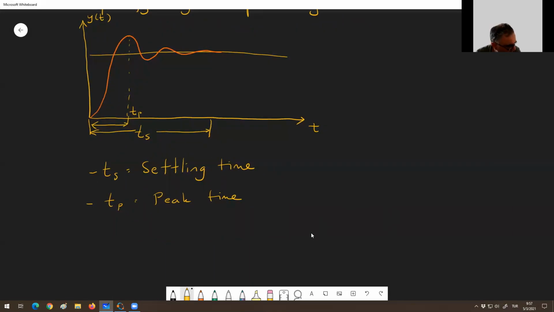There is another time here in which the system response looks odd in the beginning, but there is a logic to it. The time it takes to rise from, let's say, 10% to 90%, this is called TR, the rise time.